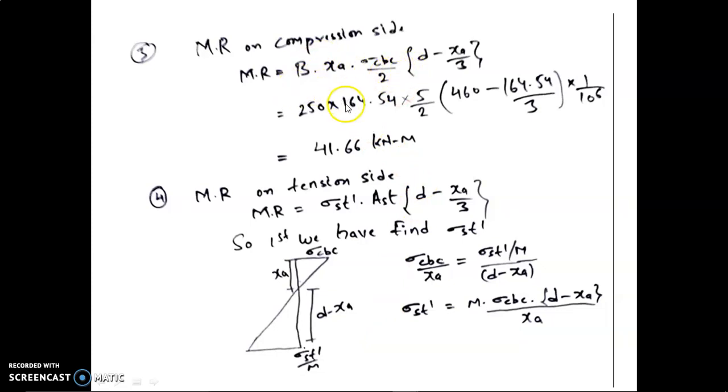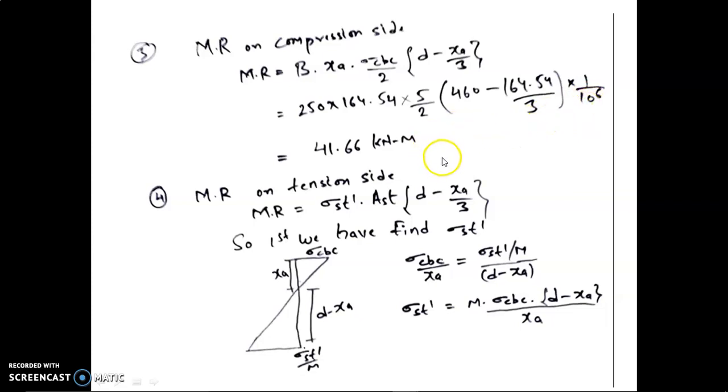We simply put the values in this equation and we get 166 kilonewton meter as the moment of resistance on compression side. For getting kilonewton meter, here we divided by 10 raised to the power 6. If you do not do this, you get your answer in Newton mm. That's why here we divided by 10 raised to the power 6.